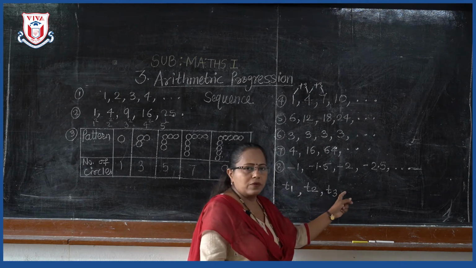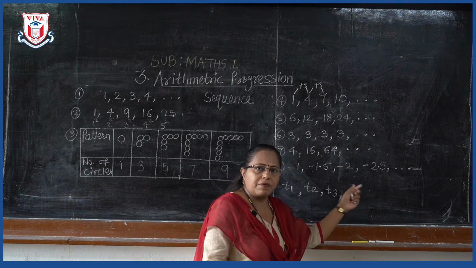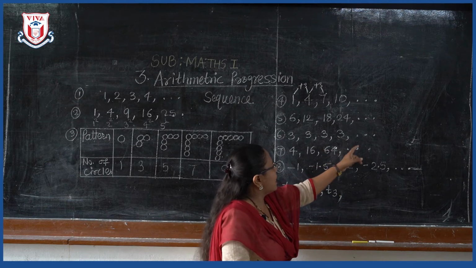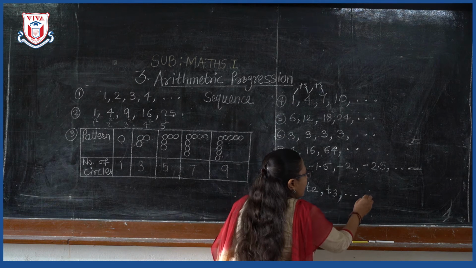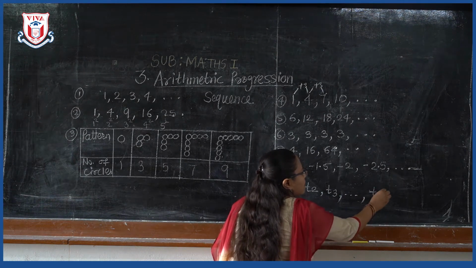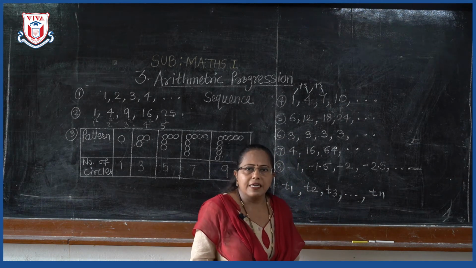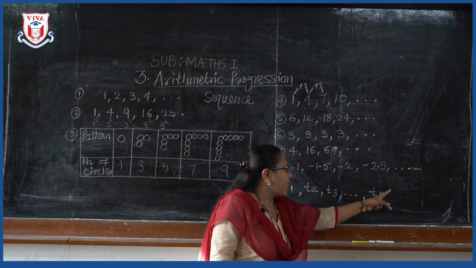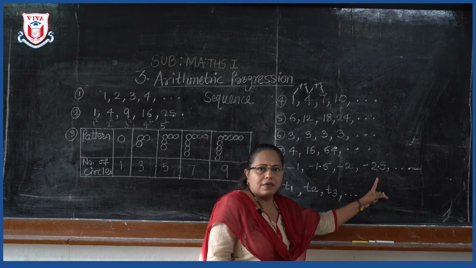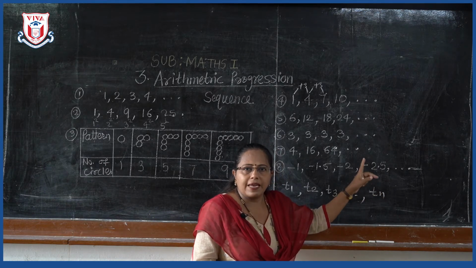And so on. Fourth term T4, fifth term T5, like that. If the sequence is infinite, you can tell the next. The nth term is Tn. So generally the sequence is denoted as Tn if the sequence is infinite.